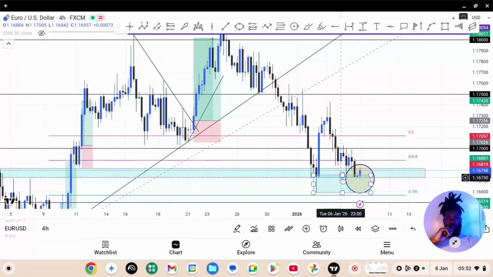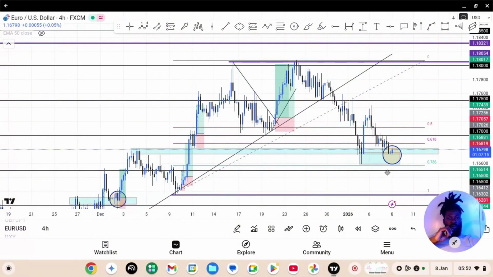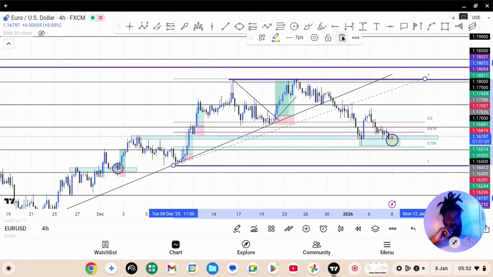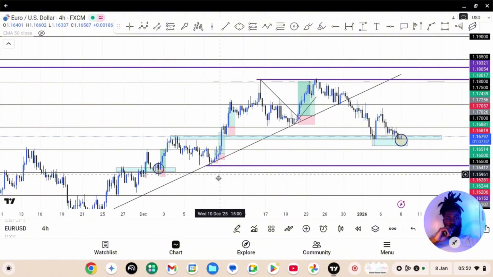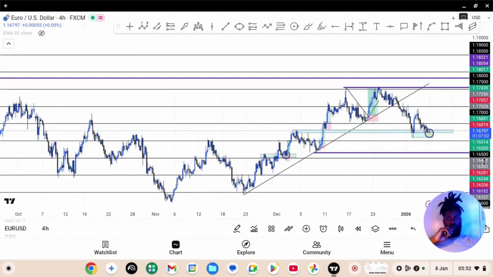Let me just remove some. Now, mainly looking at this movement, you will see.